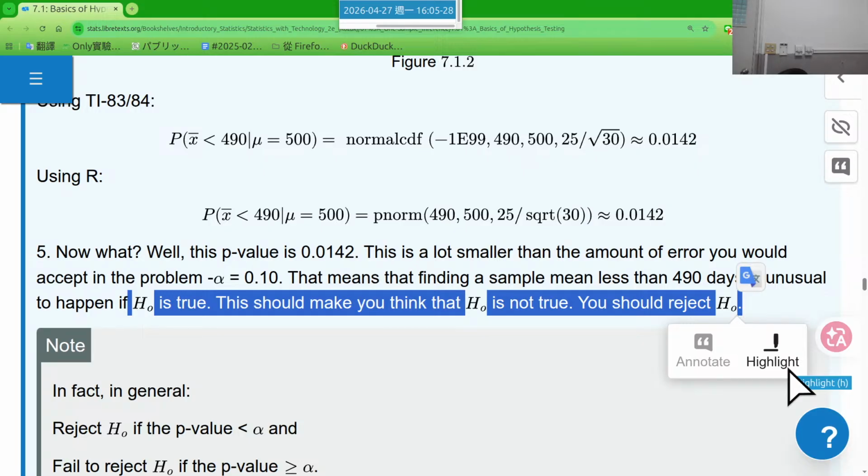Sure, please remember my sentence here, because in the next one to three weeks, you will hear similar sentences. If the value is greater than 0.05, we cannot reject it. If the value is smaller than 0.05, we can reject it.